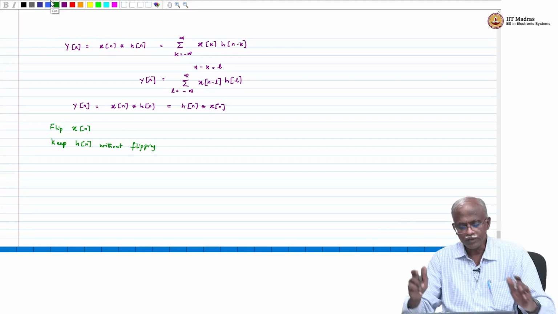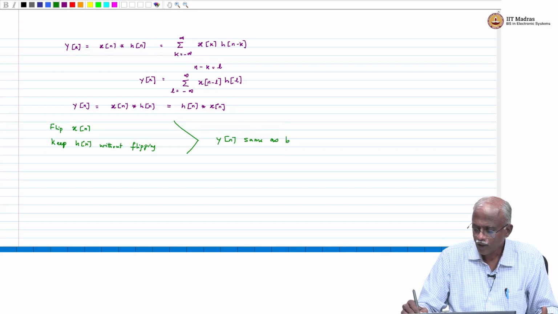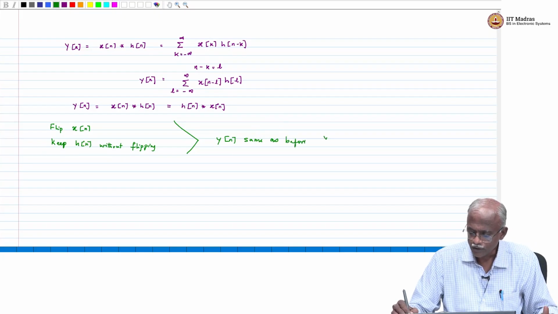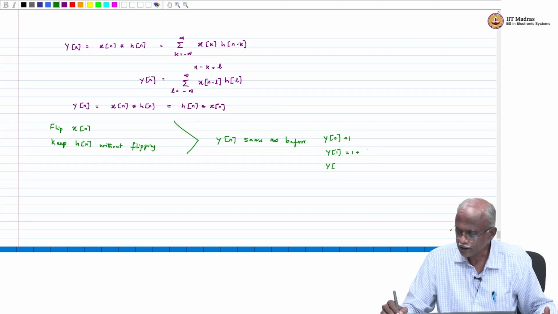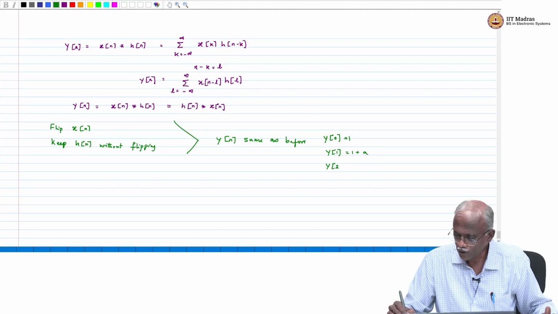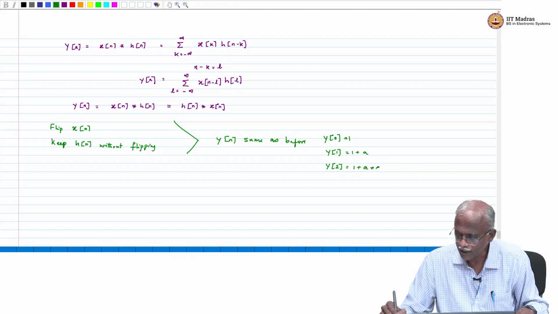So you should get the same answer, y of n same as before. You should get y of 0 equal to 1, y of 1 equal to 1 plus a. The next one, y of 2 will be equal to 1 plus a plus a squared, and so on.